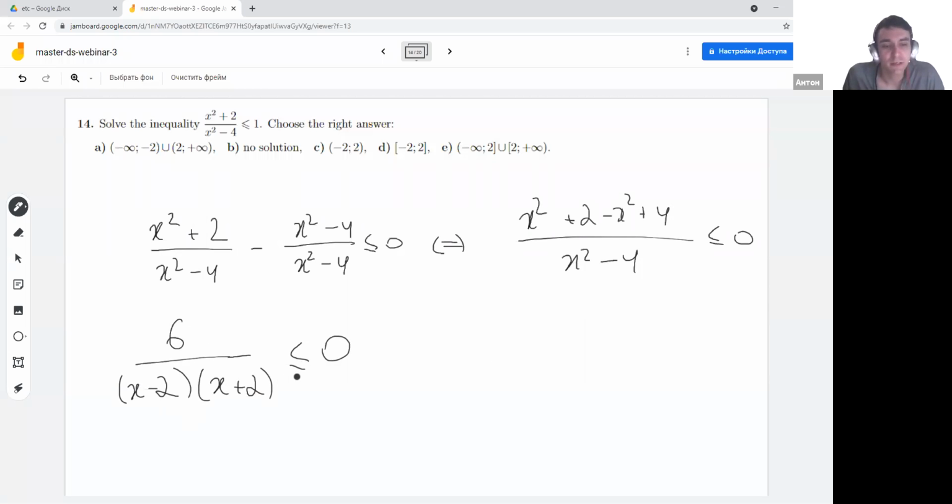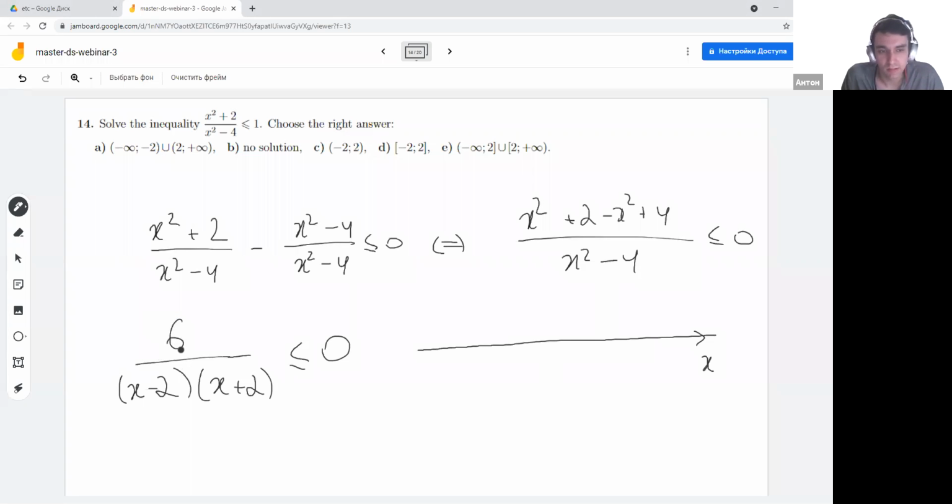Actually, it's never equal to 0, but it's sometimes less than 0. So let's find when. I prefer to draw here, and I draw the line for x. The numerator, which is 6, is a constant.